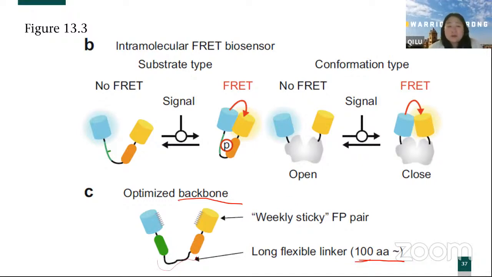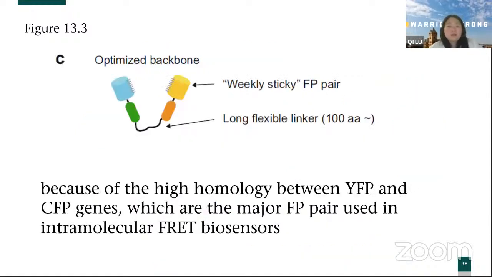This long linker makes the two N termini and two C termini more flexible. CFP and YFP have quite similar structures, and it needs a weakly sticky pair, so usually it's CFP and YFP. When these two approach together, the conformational change causes FRET to happen.